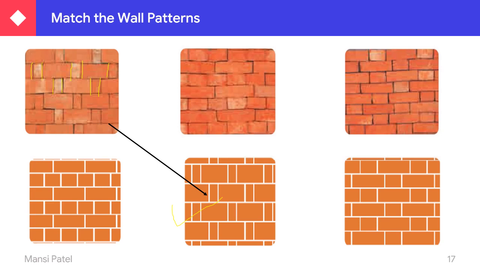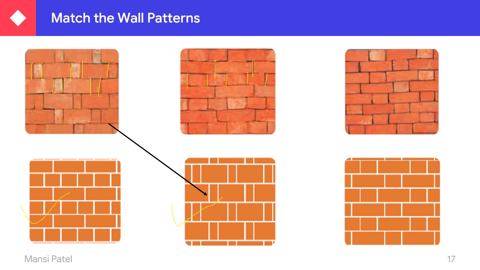Now another one, the second brick. Just fill all the gaps that are given in the brick: 1, 2, 3, 4 and this one is 5. So the design of this brick looks like the first pattern.